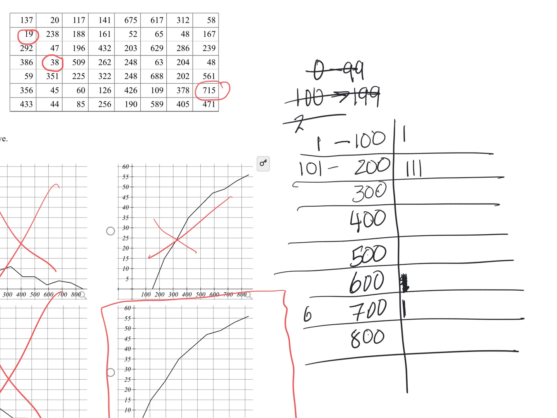This is from 601 to 701. And not there. 675, 617, 312. The brain's not firing on all cylinders here. 312 goes here. 58 here.